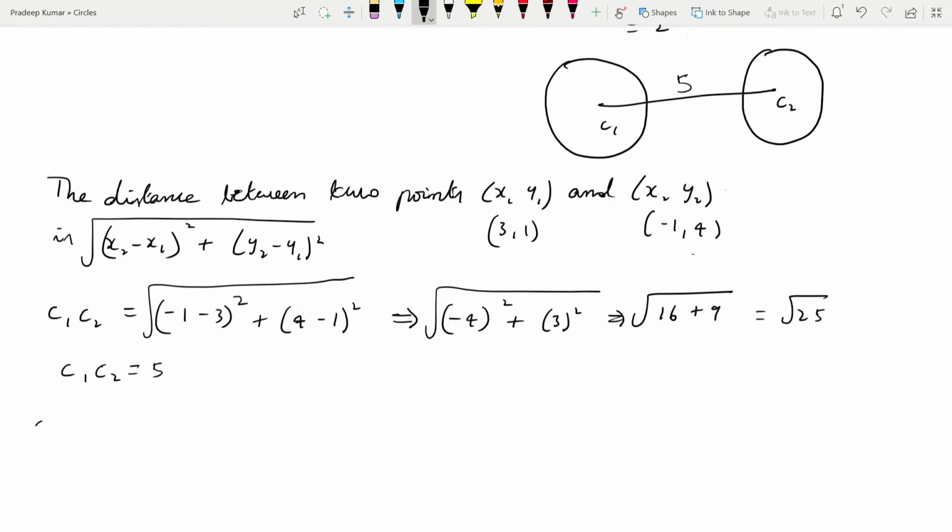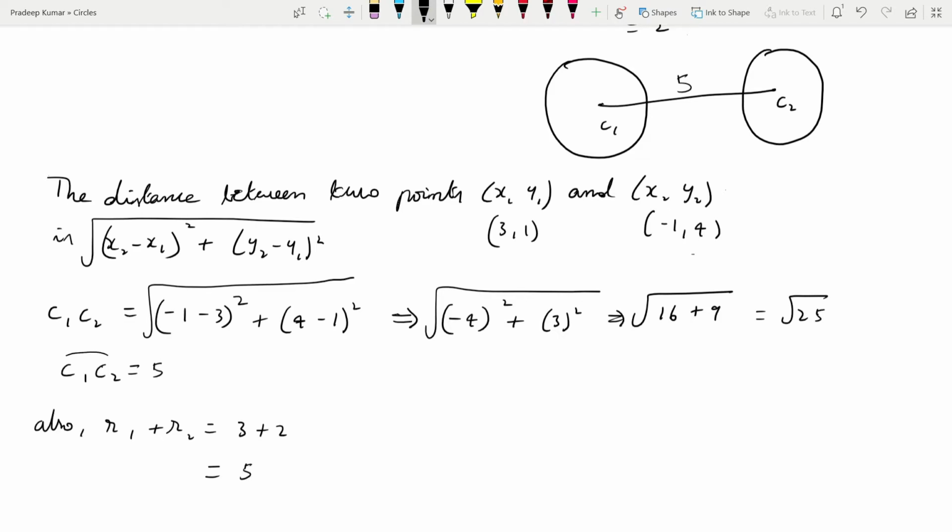So even we'll check with the radius also. For that I can write r1 plus r2 equal to 3 plus 2. The radius of the first circle we got as 3, and the radius of the second circle we got as 2. So 3 plus 2 was 5.